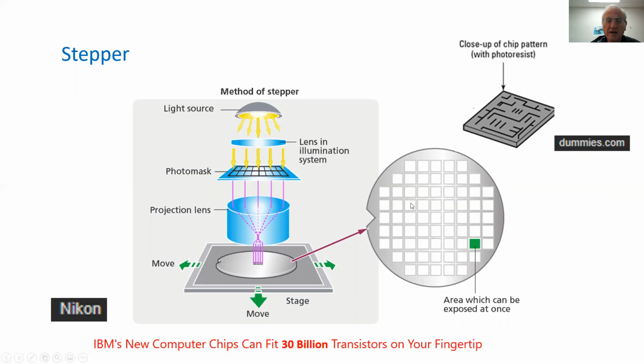And then the process separates them and assembles them on a PCB board. As we see over here, new IBM computer chips can hold 30 billion transistors on a very small chip.